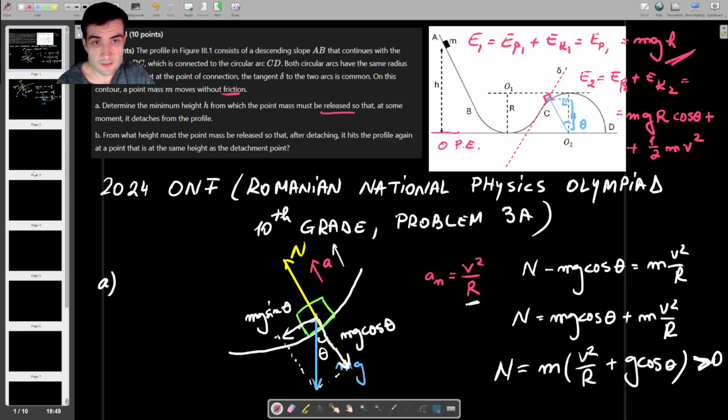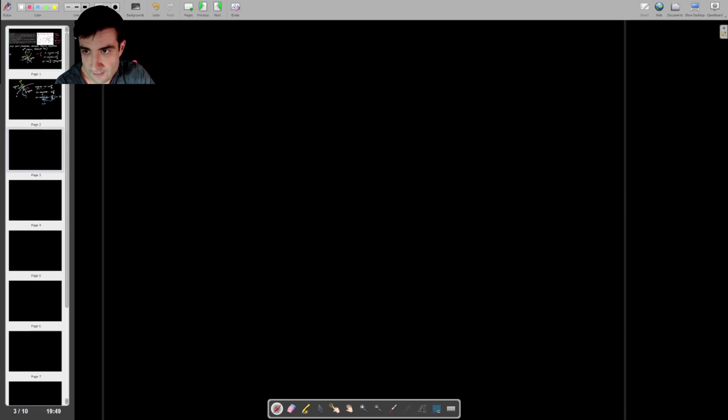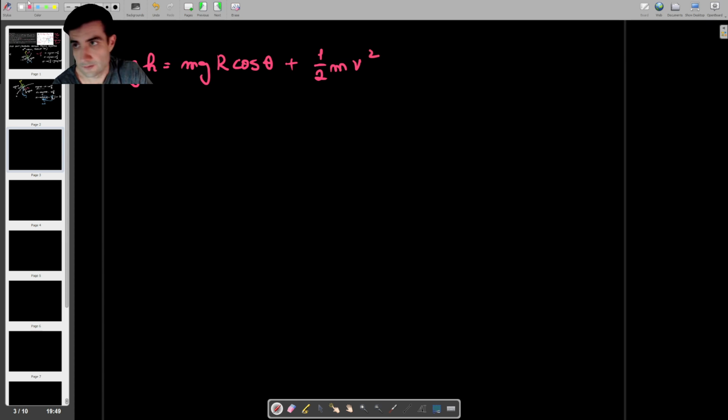Let's make the energies equal to each other because we have energy conservation. So we have mgh equal to mg times r cos theta plus 1/2 mv squared. We can cancel the m's and get v out of this, which is what we wanted.